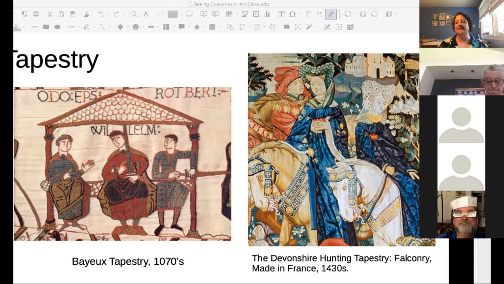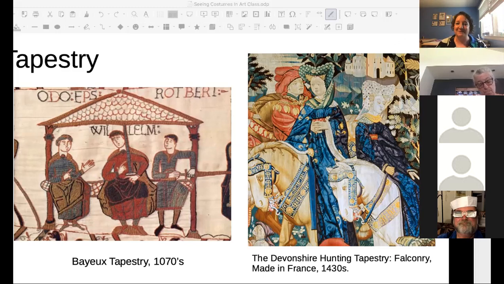On this, you can see the damask pattern in those gowns very clearly, and you can see how they depicted it in thread and fabric. That gives me a little more information into the textiles.